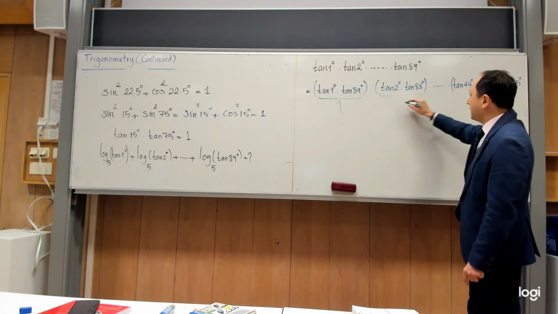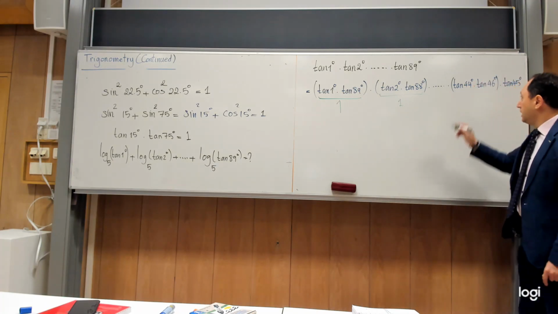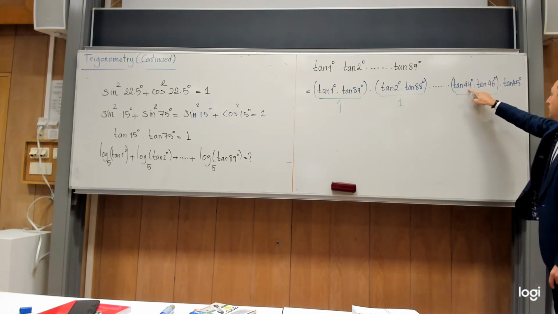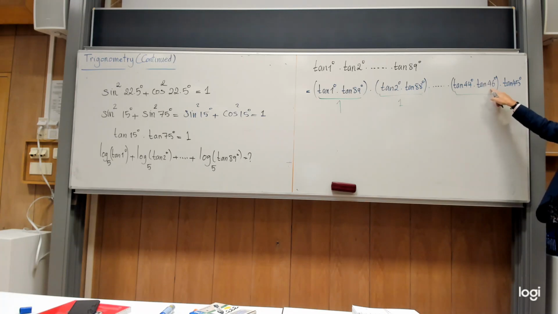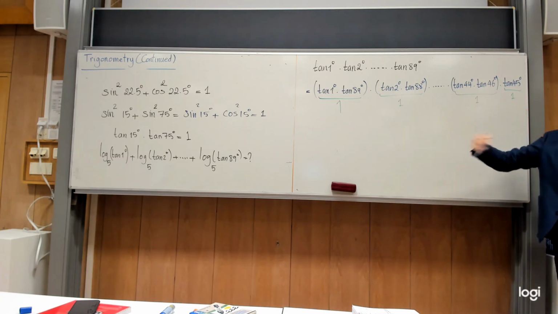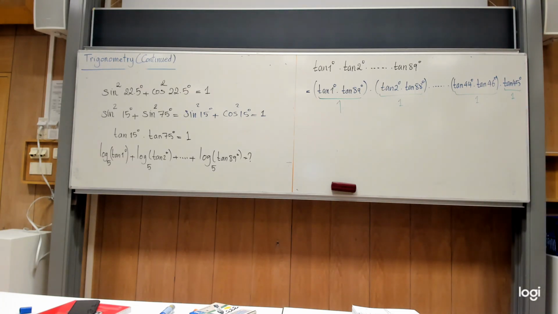So the product of tangents is 1. And the same story here: 44 degrees plus 46 degrees is 90 degrees, and so the tangents are equal to 1. And then individually we learn that tangent of 45 degrees, completely unrelated to this topic, is equal to 1 itself. And then you have a bunch of 1s that you are multiplying. Is that understandable? So this answer definitely becomes 1.